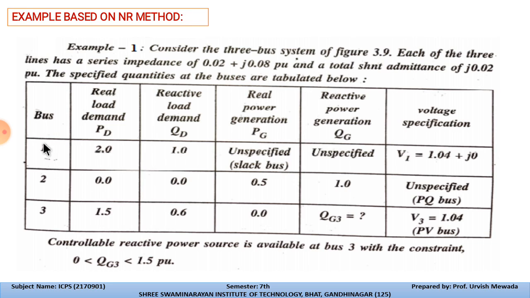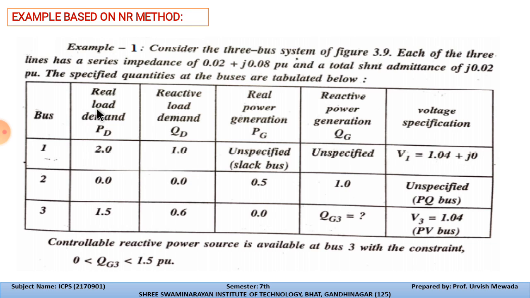For bus 1, the real load demand PD is 2.0, the reactive load demand QD is 1.0, and real power generation PG is unspecified because it is the slack bus. Reactive power generation QG is also unspecified because this is the slack bus, and the voltage specification is V1 = 1.04 + j0, because this is considered the slack bus.